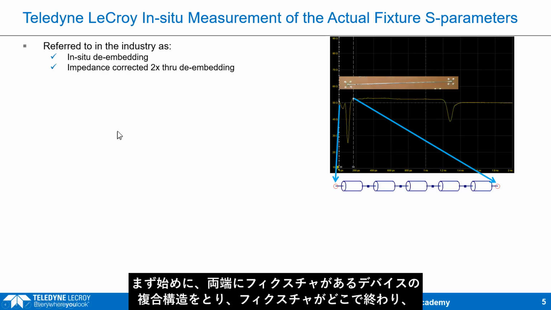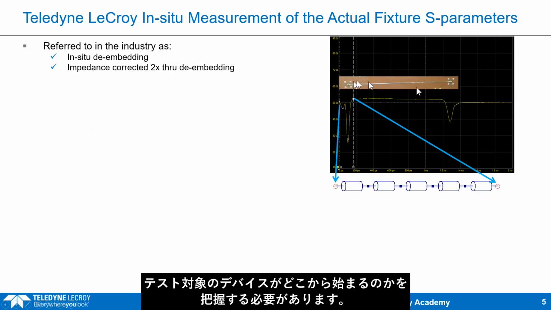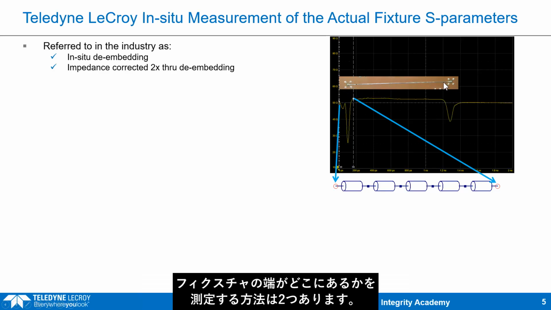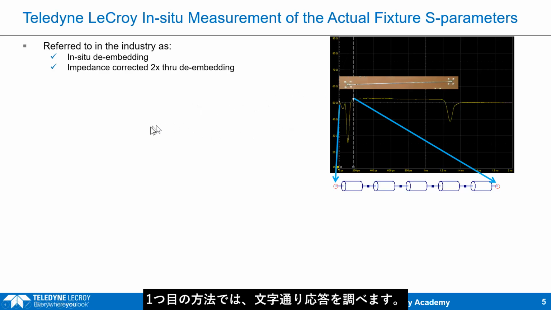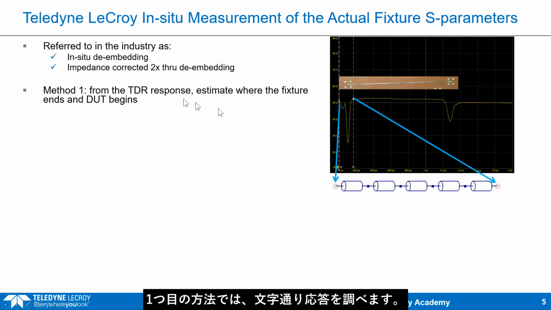The first starting place is we have to take the composite structure of the device with the fixtures on the ends, and we have to figure out where does the fixture end and the device under test begin. There are 2 ways we get that measurement of where the end of the fixture is. In the first method, we literally look at the TDR response.